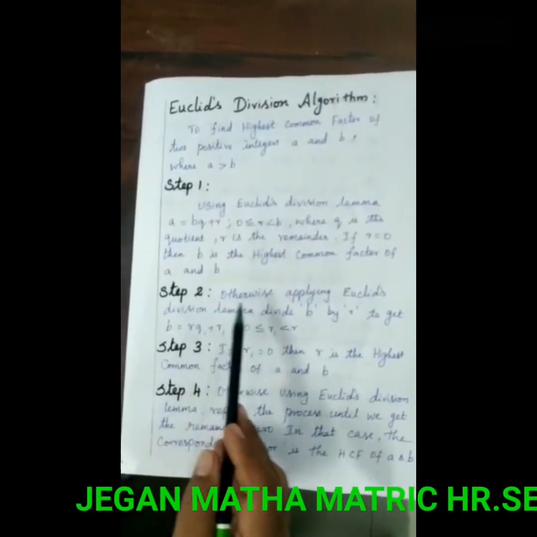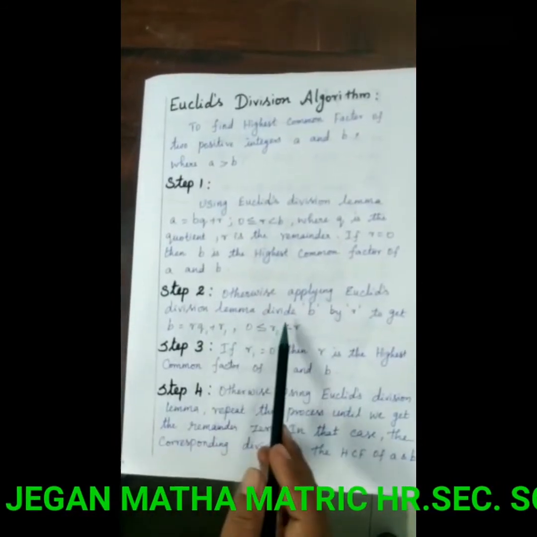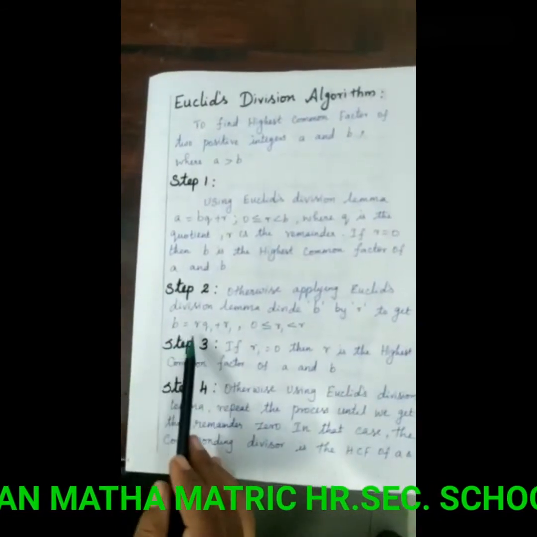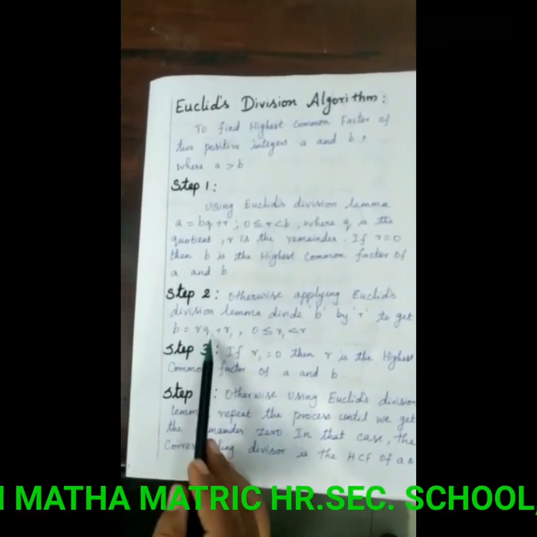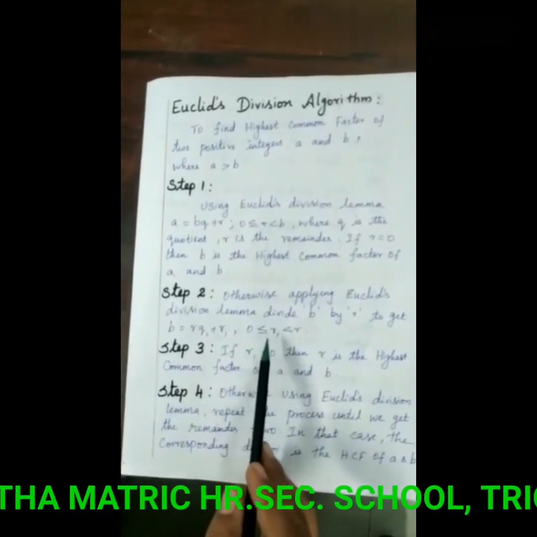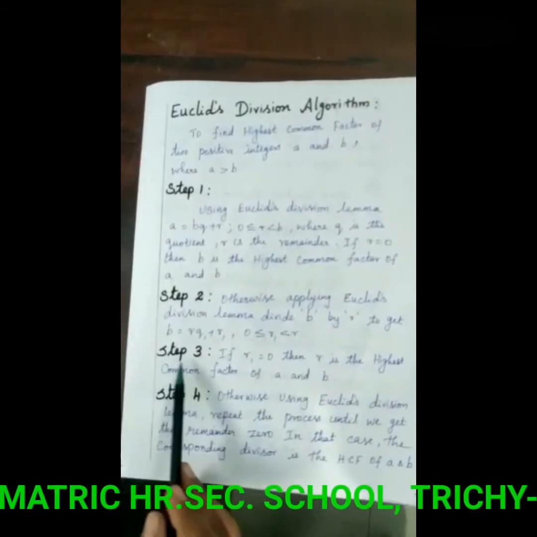Step 2. Otherwise, applying Euclid's division lemma, divide b by r to get b is equal to rq1 plus r1, 0 less than or equal to r1 less than r. Step 3.